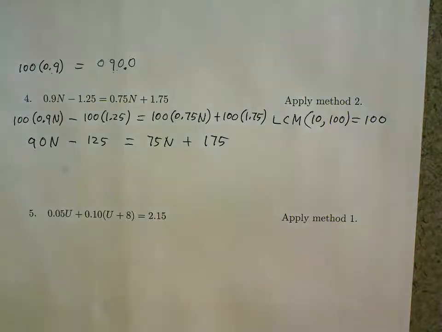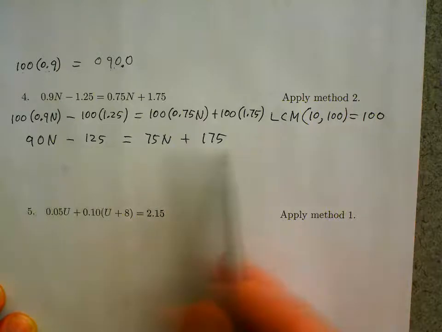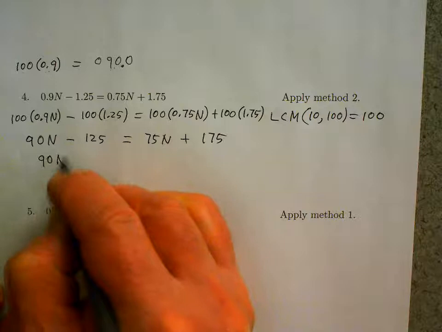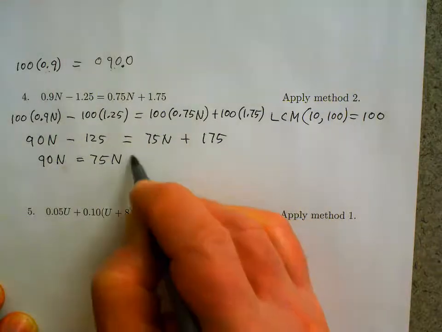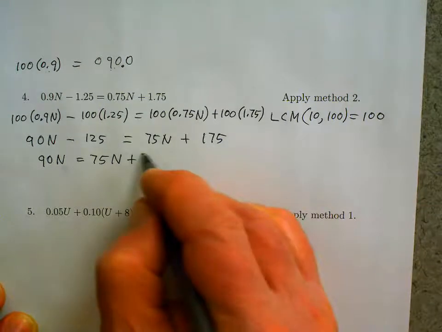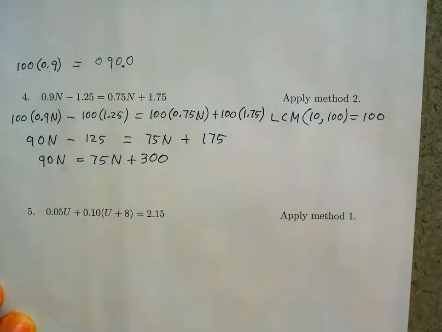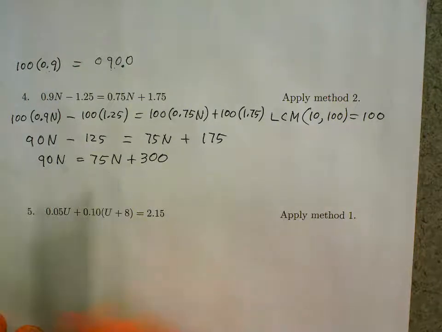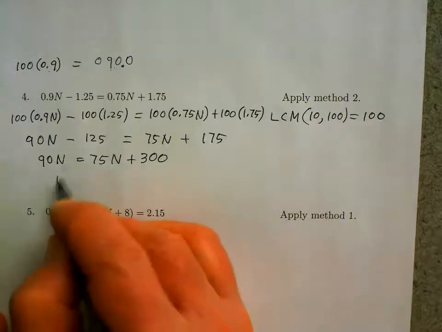So we'll just proceed. In the next step, I'll start by adding 125 to both sides. So we get 90n equals 75n, and 175 plus 125 is 300. Then subtract 75n from both sides. 90n minus 75n is 15n.